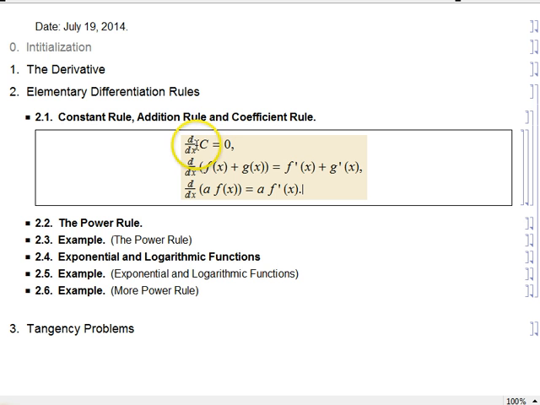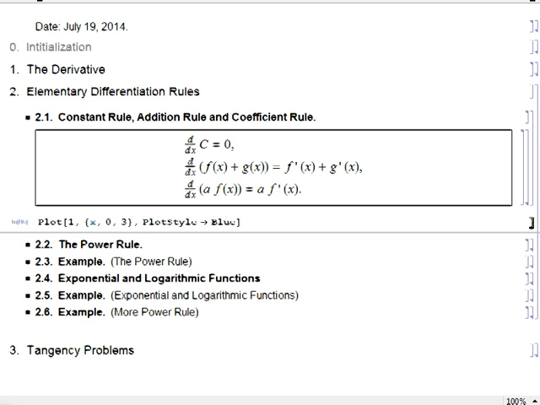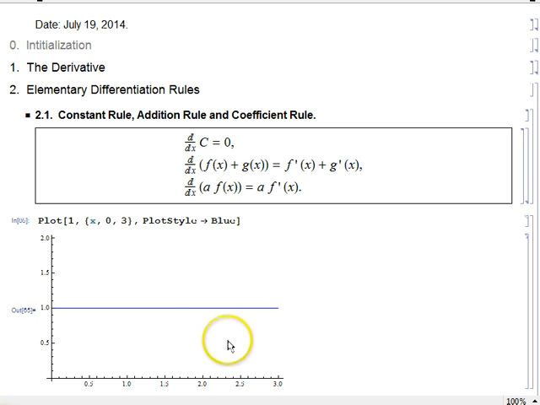The derivative, this is derivative notation by the way, the derivative of a constant is always 0. You can see this kind of behavior in any kind of plot. For example, here's a constant function. As you can see, the slope is 0.